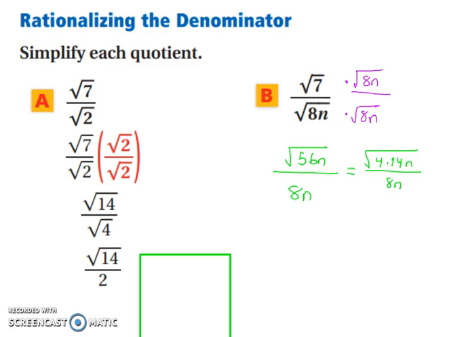So we can take the square root of 4, which is 2. So we have 2 square roots of 14n on top, and then we have 8n on the bottom. We can simplify one step further by reducing the fraction here, 2 over 8. So we end up with the square root of 14n over 4n.